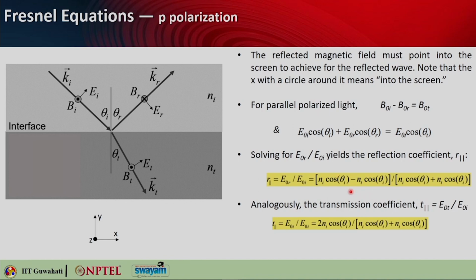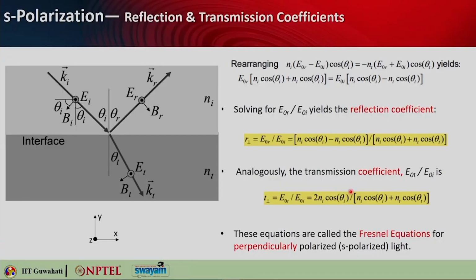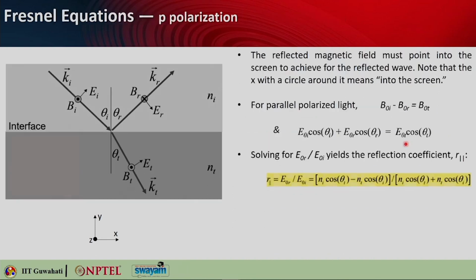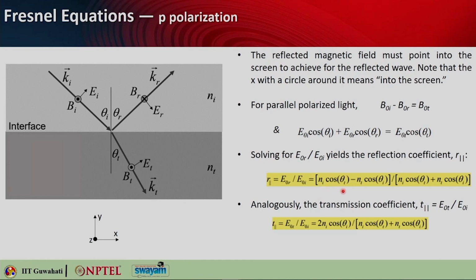If you put both the equations side by side, you will be able to see the difference. So just a quick look. Here it is Ni cos theta i, here also it is Ni cos theta i, but in the case of P polarization it is basically Ni cos theta t. Okay, so that's how they are different.